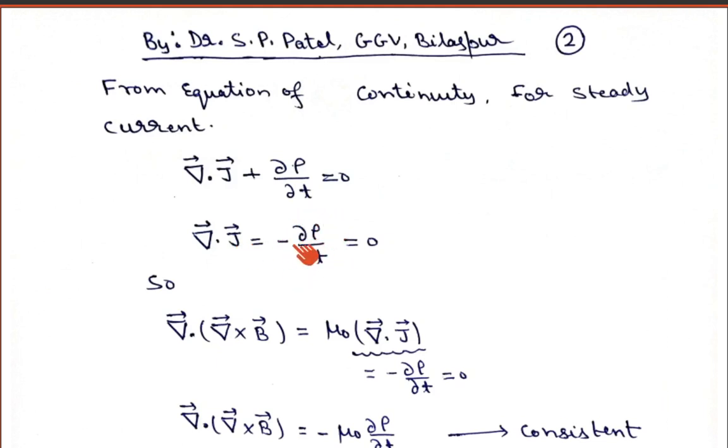The negative sign shows the decrease of charges. The rate at which the charge density is decreasing within the volume is equal to the net current flowing from that given bounded volume. That is what tells the conservation of charges, and that is what I have explained in the equation of continuity.